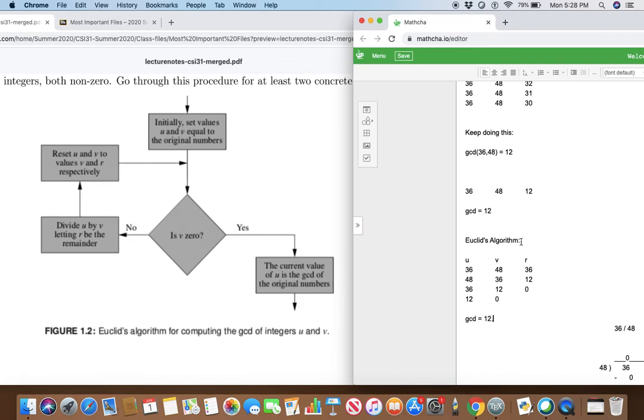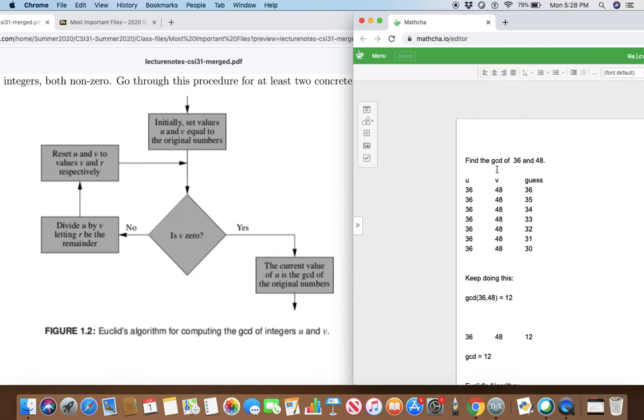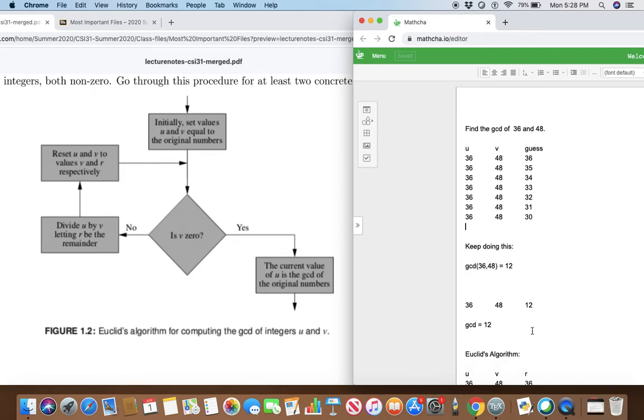You see? So Euclid's algorithm within how many steps? 1, 2, 3, fourth step already gave me the GCD. Whereas the original guess method was quite inefficient. I stopped working here. If you notice, I have to keep reducing by 1 until I hit 12.